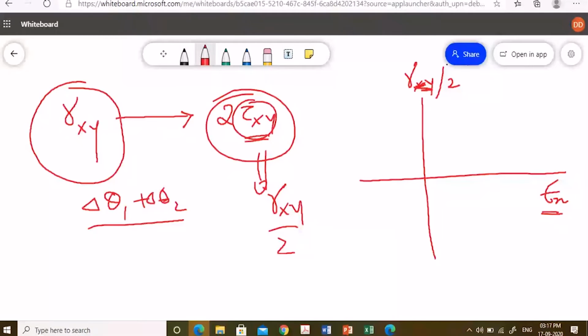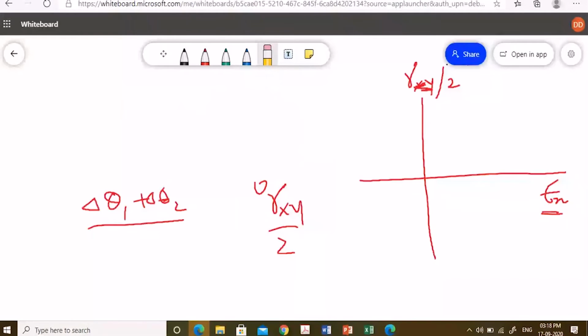So at this point of time, just remember that if you have to draw a Mohr circle of strain, sometimes we do that, then the tau xy or the tau term will be replaced by gamma by 2. Otherwise, you will be making a mistake. Okay. This is just something you have to remember when you plot Mohr circle of strain.